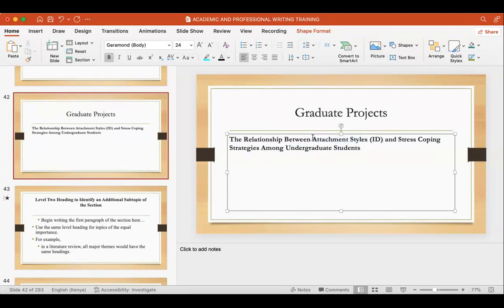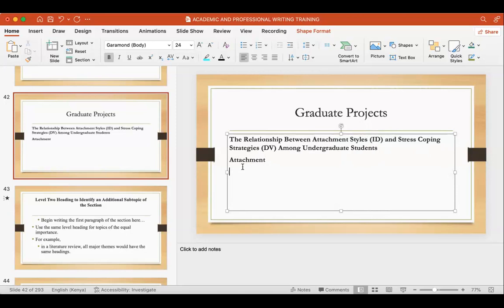Yes. And this is the outcome, the dependent variable. Okay. So level 1, we are going to see attachment. Okay, level 1.